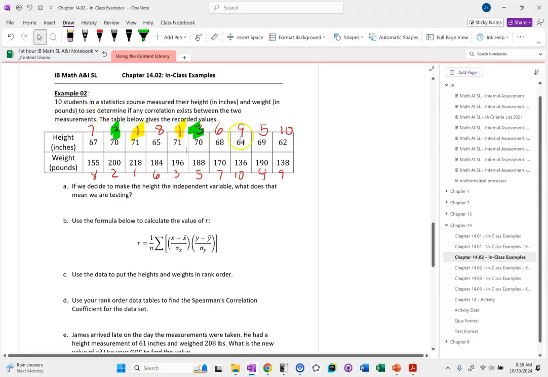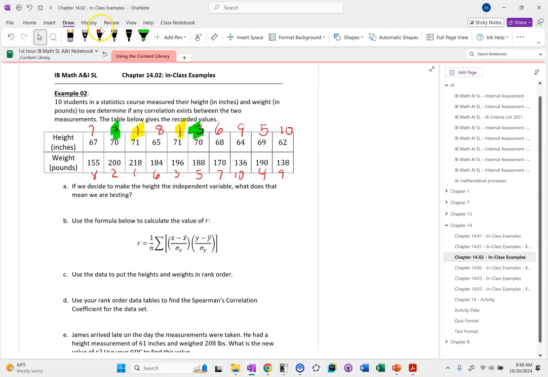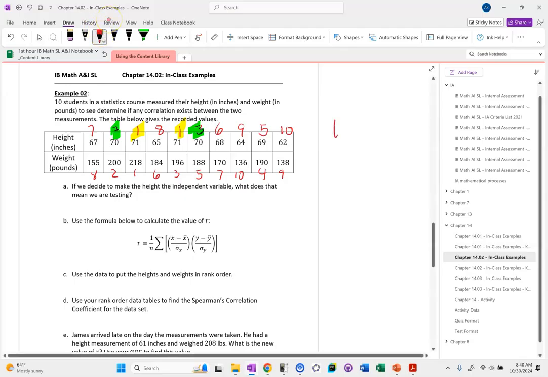I'm going to end up being too short; the total is going to be 2 less. So instead of giving the yellows rank 1, I'm going to give them the average of first and second. And instead of giving the green ones both rank 3, I'm going to give them the average of places 3 and 4. Is that okay?